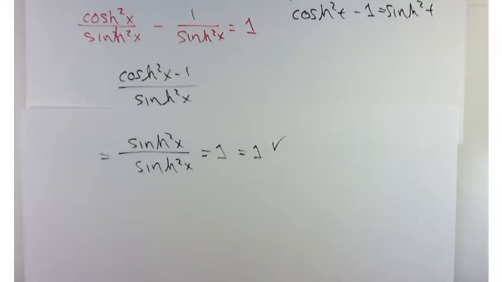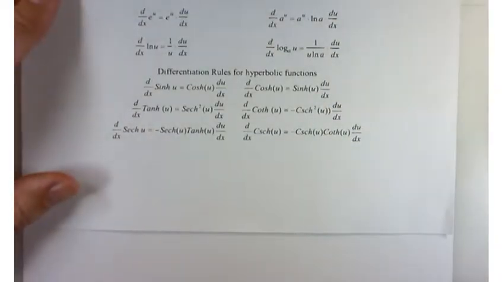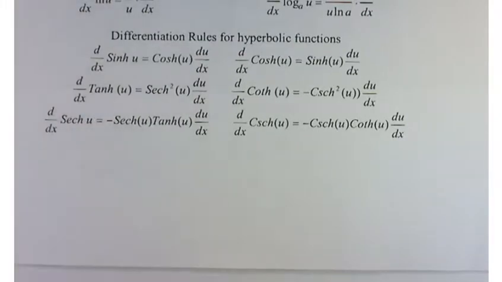Okay, but let's work with some other things in this section, not just establishing identities. That's a low priority for me with regards to this section. Let's do a little practice with the derivatives first. So you should have a handout with some rules of differentiation for your hyperbolics.